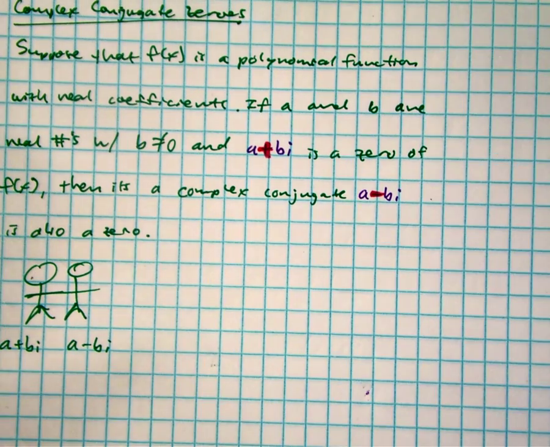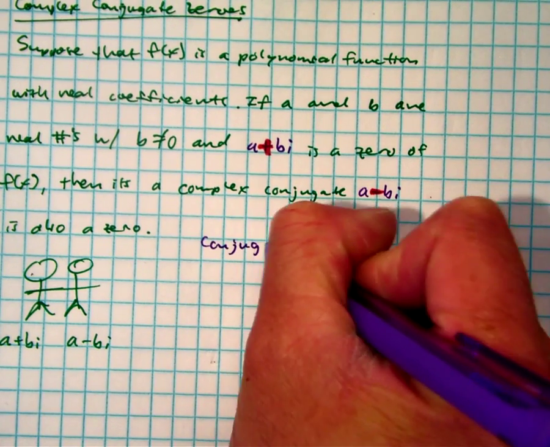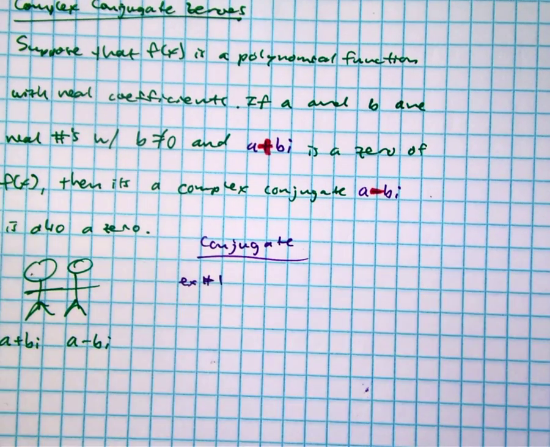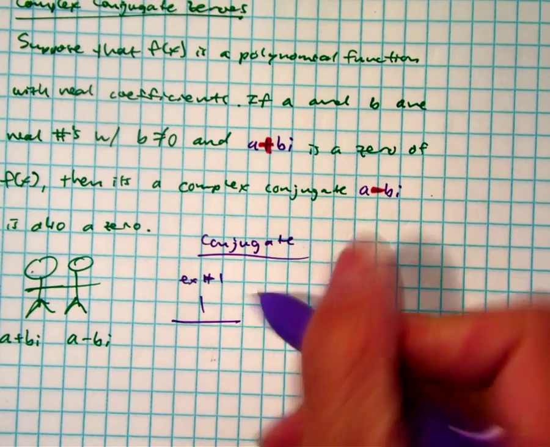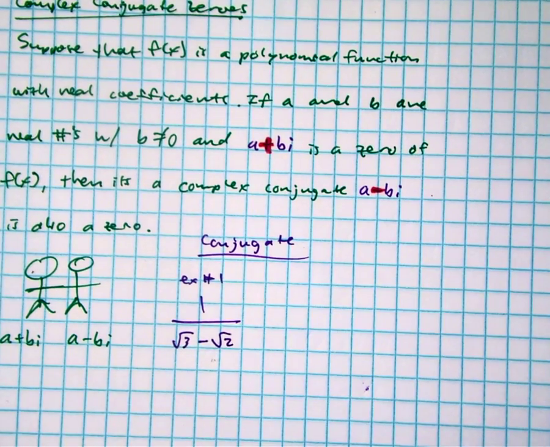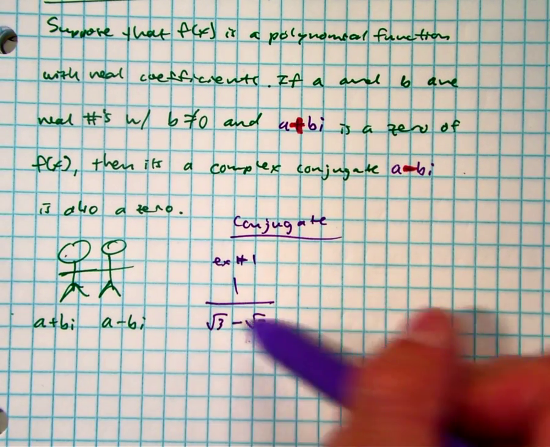So let's go back to conjugates you may have heard in the past, something you've seen in your previous class. A conjugate would apply to a problem like this: 1 over radical 3 minus radical 2. You learn that it's bad to have a radical sign in the denominator.